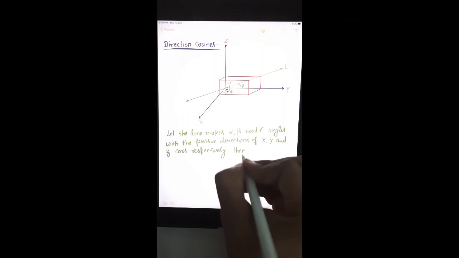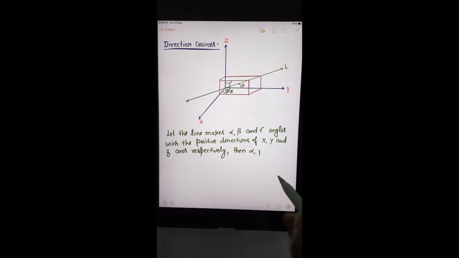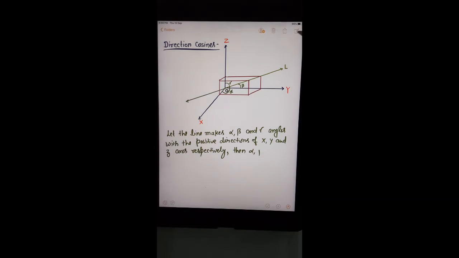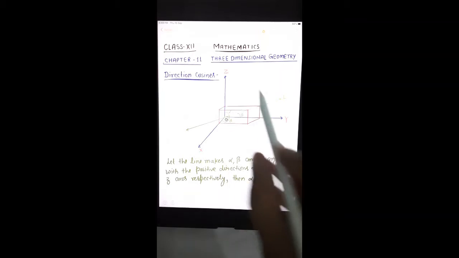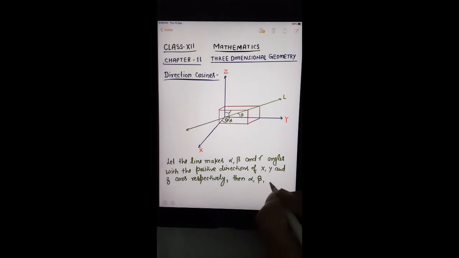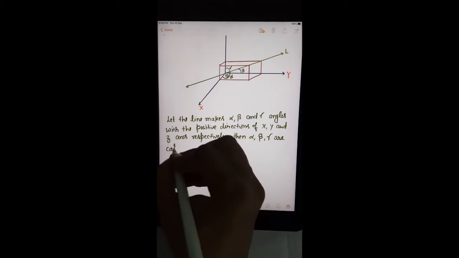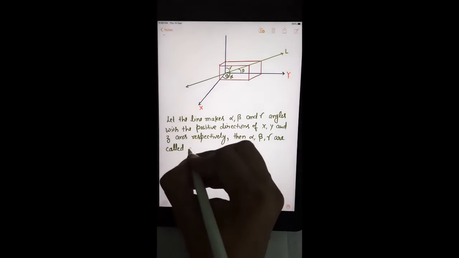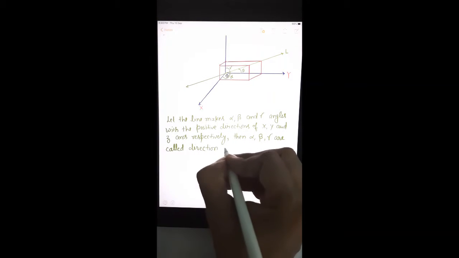Then alpha, beta, gamma are called direction angles.